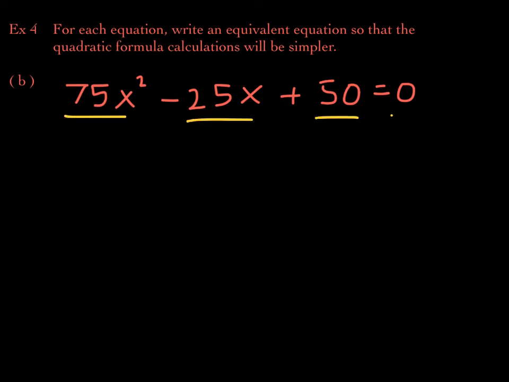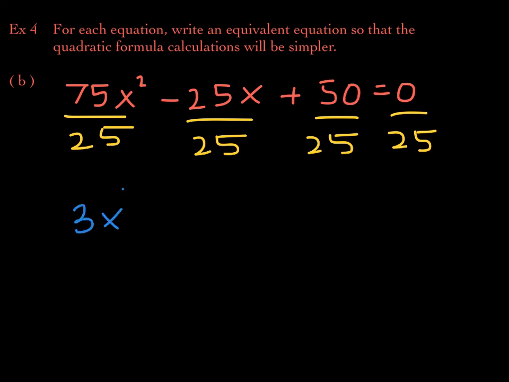If you divide every single term by 25, you will get an equivalent equation that reads as 3x squared minus 1x plus 2 is equal to 0. Look how much better this is, everybody. So instead of plugging in the numbers 75, -25, and 50 into your formula, you can plug in 3, -1, and 2.